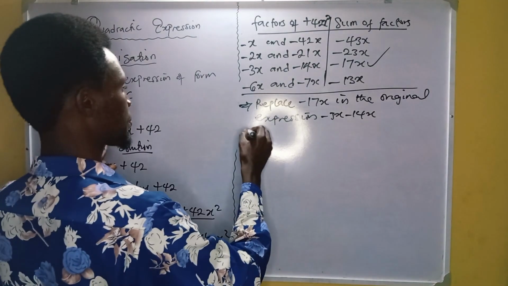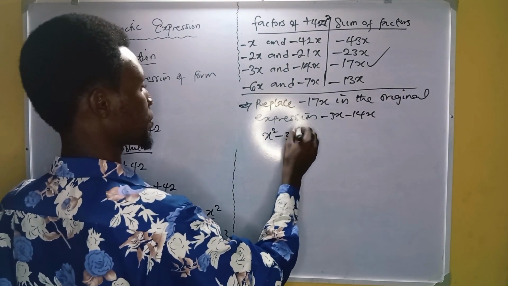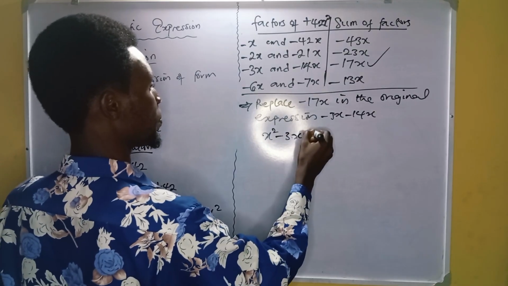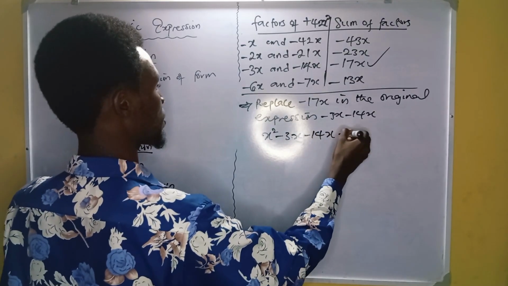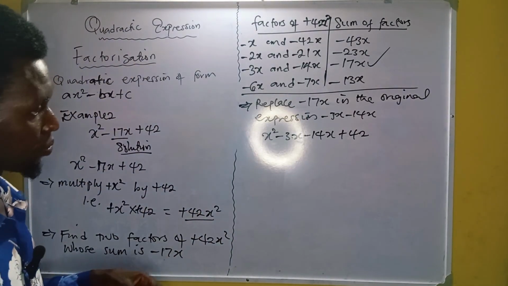So you have x squared minus 3x minus 14x plus 42.